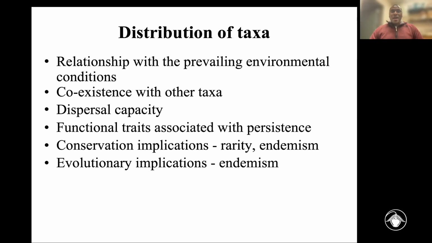Is it that they were previously widely distributed and their range is now shrinking, or is it that they evolved more recently and they are yet to expand fully throughout their entire range? There are a lot of evolutionary biology questions that could be answered given the distribution of taxa.